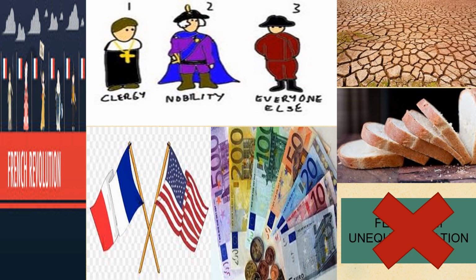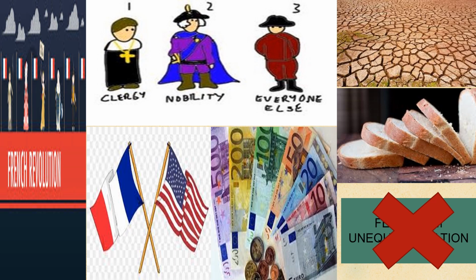2 votes which is gikan ni clergy ug nobility, nga dili sila musugot nga muhawa sa social structure si third estate. And then ang one, which is of course gikan ni third estate, one vote is yes nga musugot siya nga muhawa sila sa social structure.